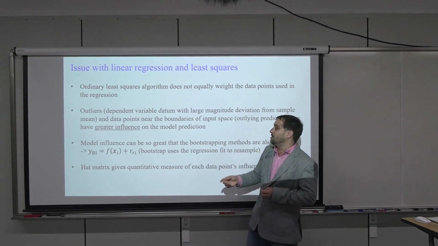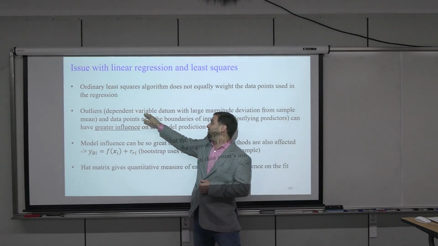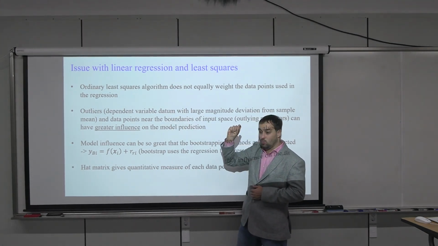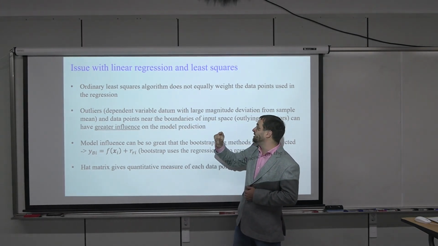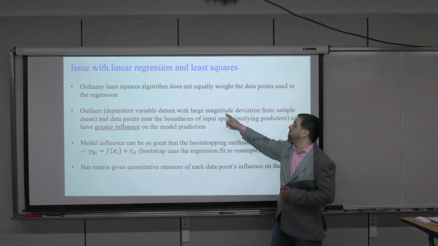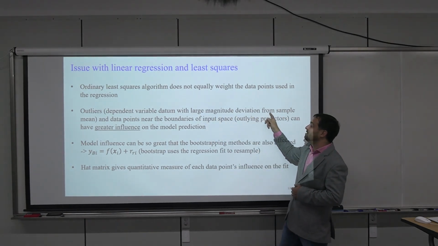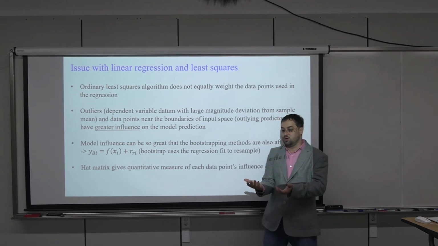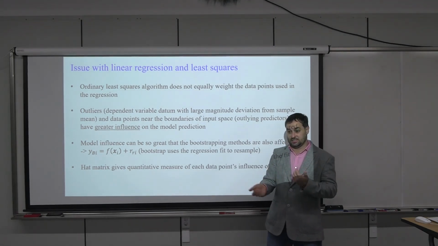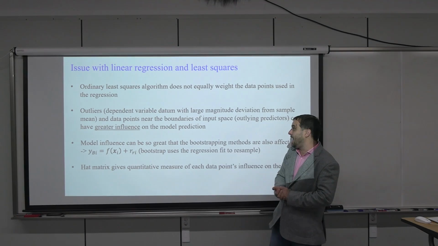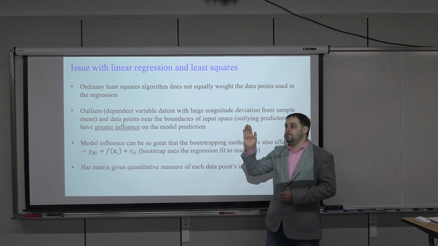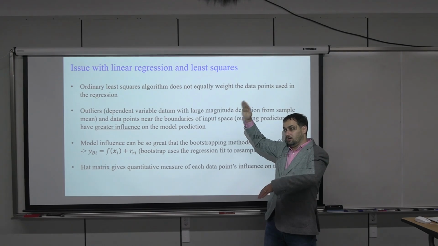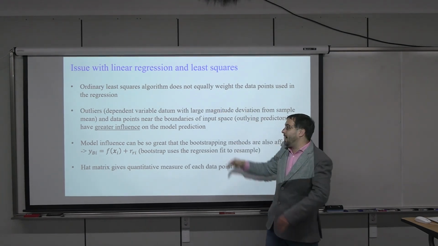An outlier is a dependent variable datum, so it's a Y data point, that has a large magnitude deviation from the sample mean. Remember, the first thing we do when we collect the data is calculate those sample statistics: sample mean, variance, things like that. Many times we'll have an underlying function, so there will be a Y min and a Y max.